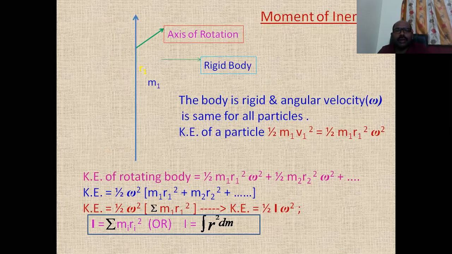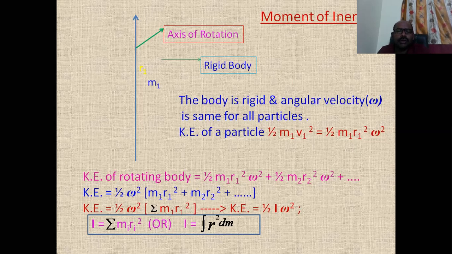In the case of moment of inertia, it is defined as the sum of products of individual particles, and each product term contains the mass of the particle and the square of its distance from the axis of rotation, that is, I is equal to summation mi ri square.